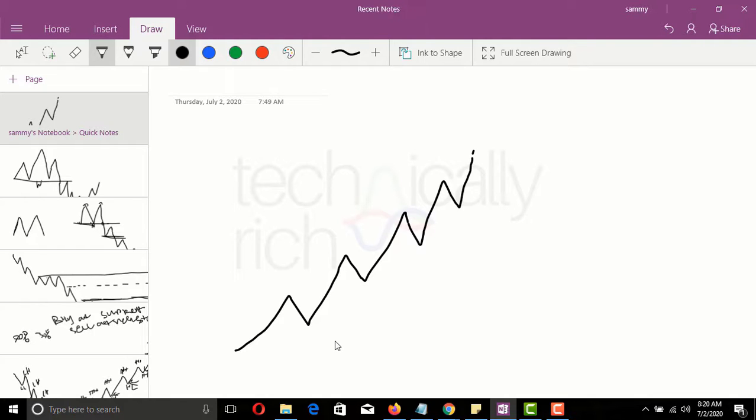So now the trend line is also used to identify a trend. So when you see a market, if you really want to know if this market is trending up or down, you can make use of the trend line tool.